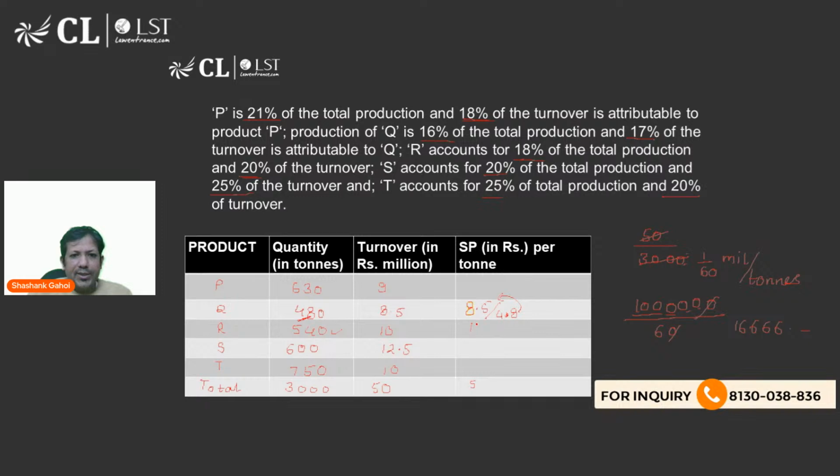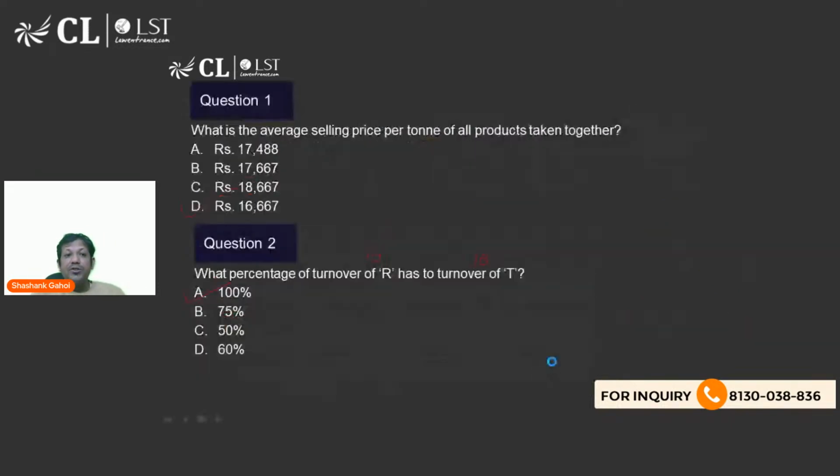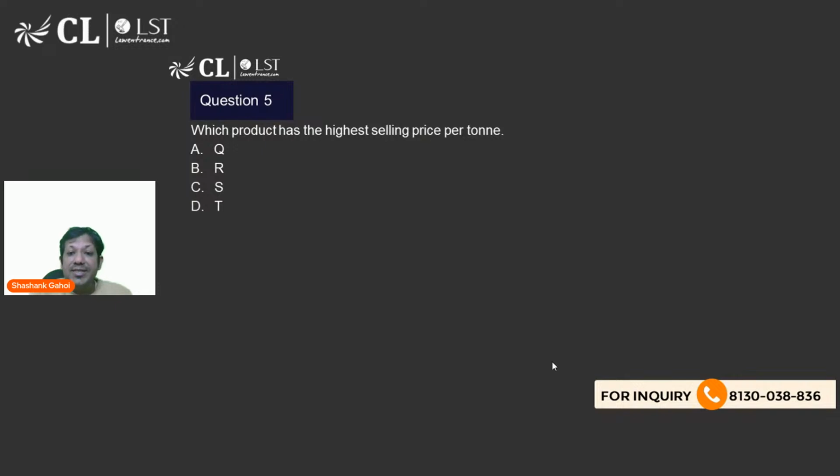R is 10 upon 5.4, definitely less than 2. 12.5 upon 6, definitely greater than 2. 10 upon 7.5, definitely less than 2. So which has the highest price? That is S. So my answer of this question is going to be option C.